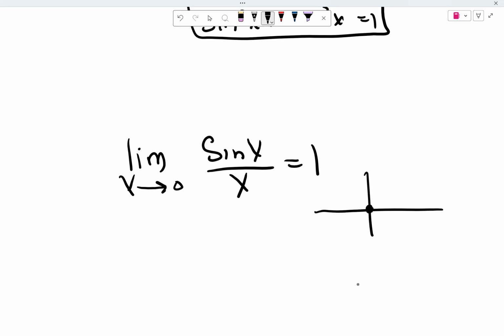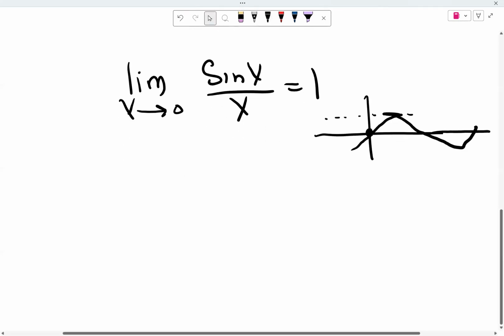Here's 0, 0, goes through here and goes up and down just like this, right? It caps at 1. It also caps at -1. We don't really talk about it, but when it gets to 0, we're looking at 1.